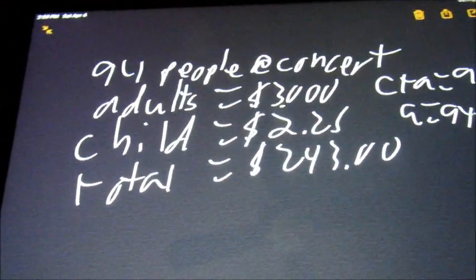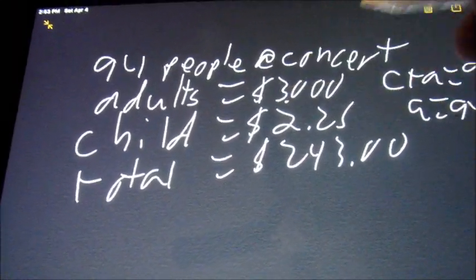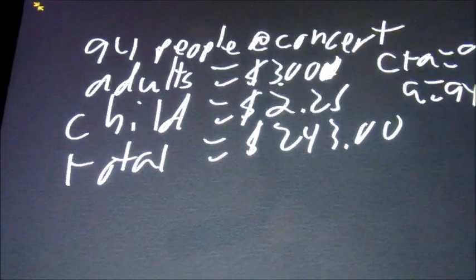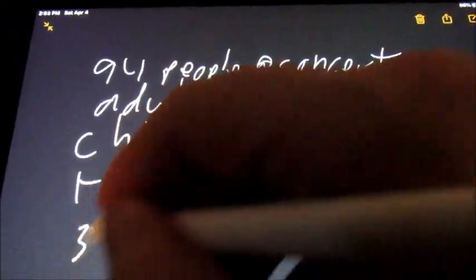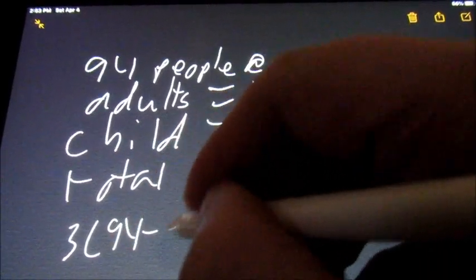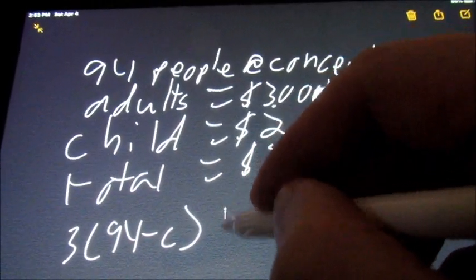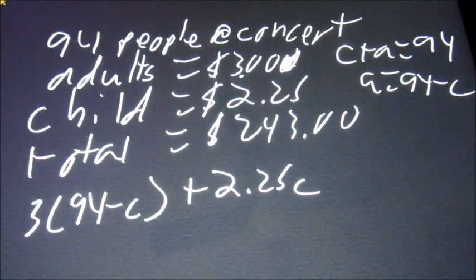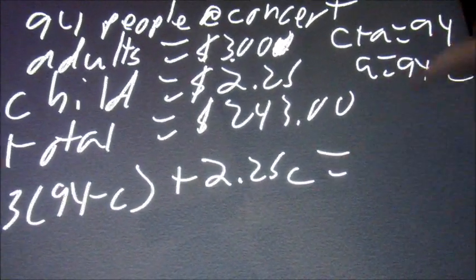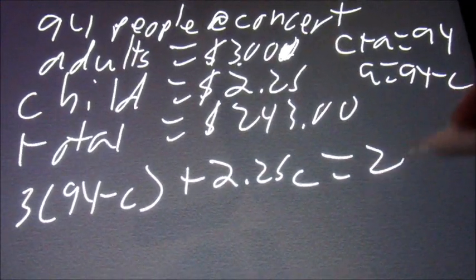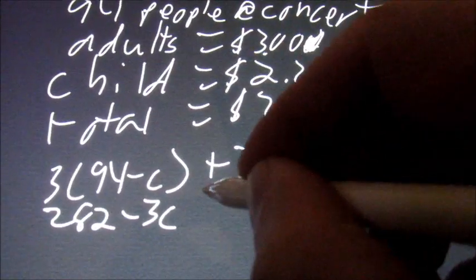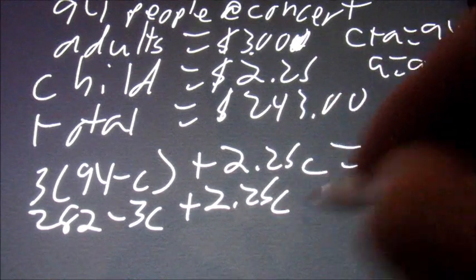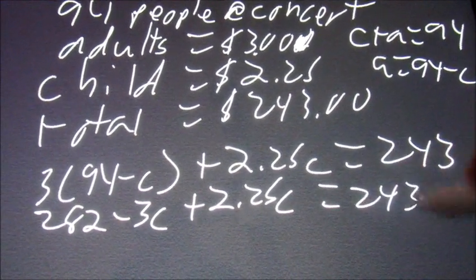So we know that the adults cost $3. So it's going to be 3 times 94 minus C plus 2.25 times C, and that's going to equal 243. Distribute our 3, and we get 282 minus 3C plus 2.25C equals 243.